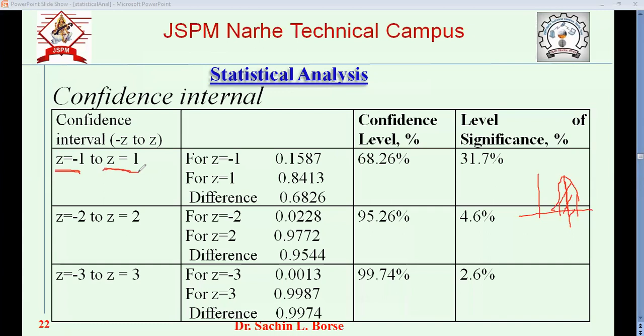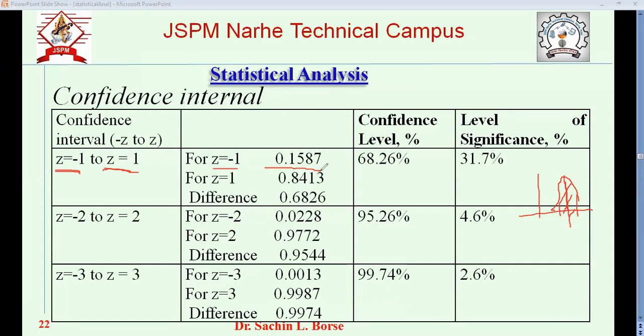So I will find that. For Z equals -1, you go to the table and see what the value is. Check in your table, for Z equals -1, what is the area value?